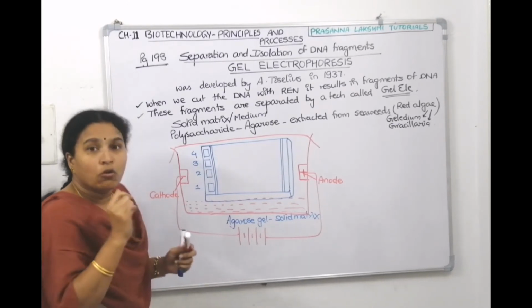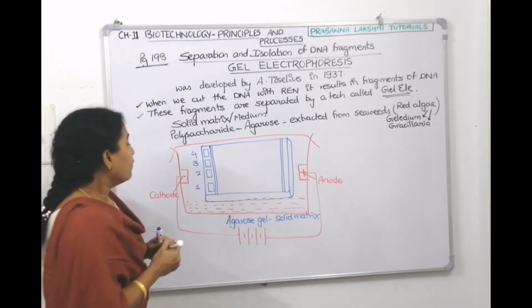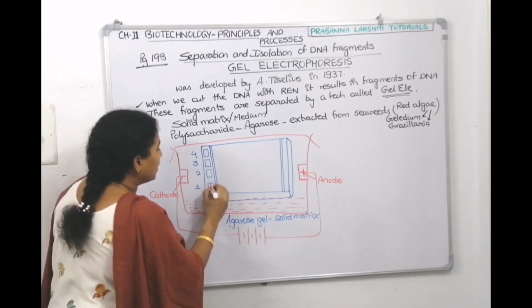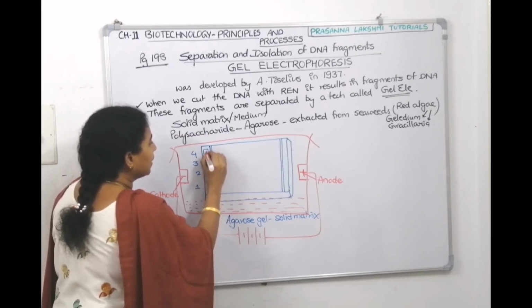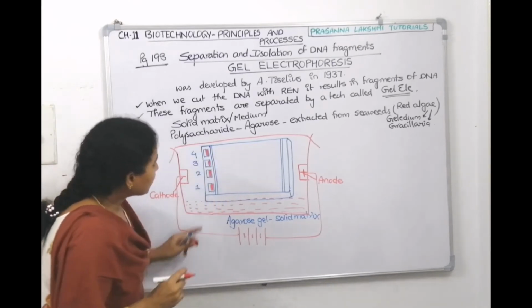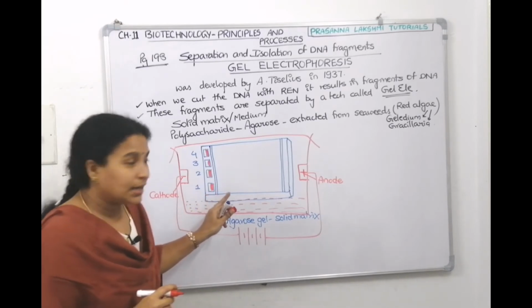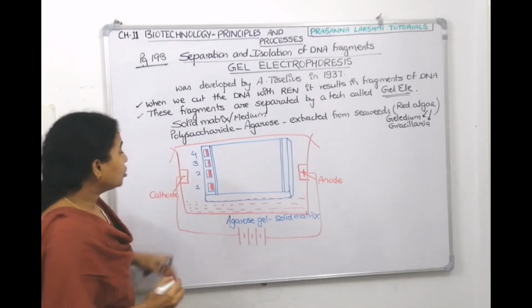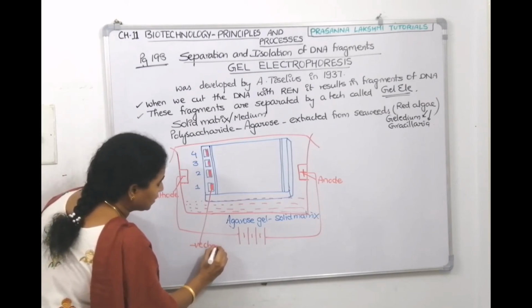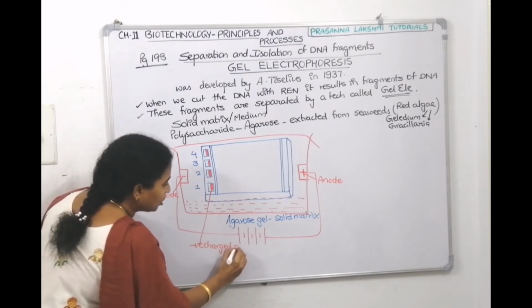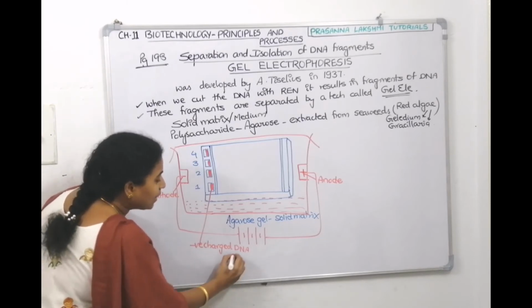Now, where did you load your anionic DNA? We loaded our anionic DNA here, at the place where we loaded our DNA sample. DNA has negative charge. Why?